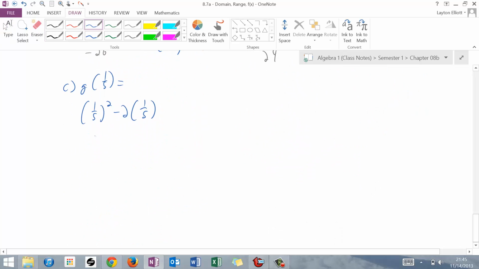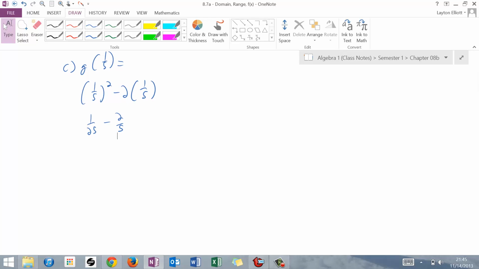So 1/5 squared is 1/25 minus 2/5. Well, if I change the 2/5 into 10/5, or sorry, 1/25 minus 10/25. 1 minus 10 is negative 9, so that's negative 9/25.